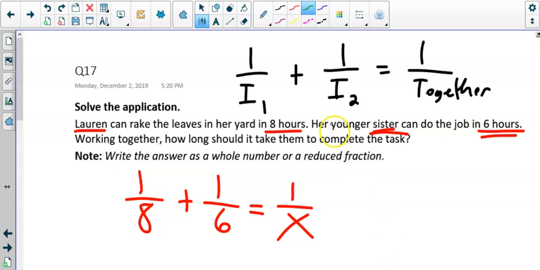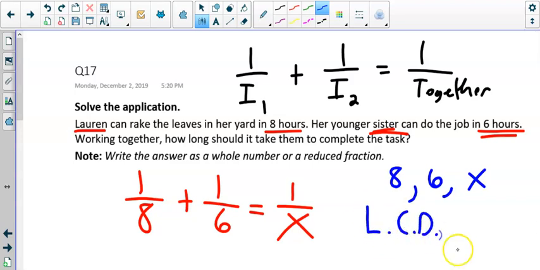So, my denominators are 8, 6, and X. What's the LCD going to be? 24X. Because 24 can be divided by 8, and 24 can be divided by 6.